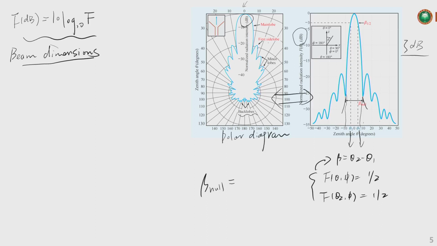We would also want to know another parameter that we need to consider for an antenna, which is really very important: the antenna directivity, which is also related to the gain of the antenna. First, antenna directivity is angle dependent.